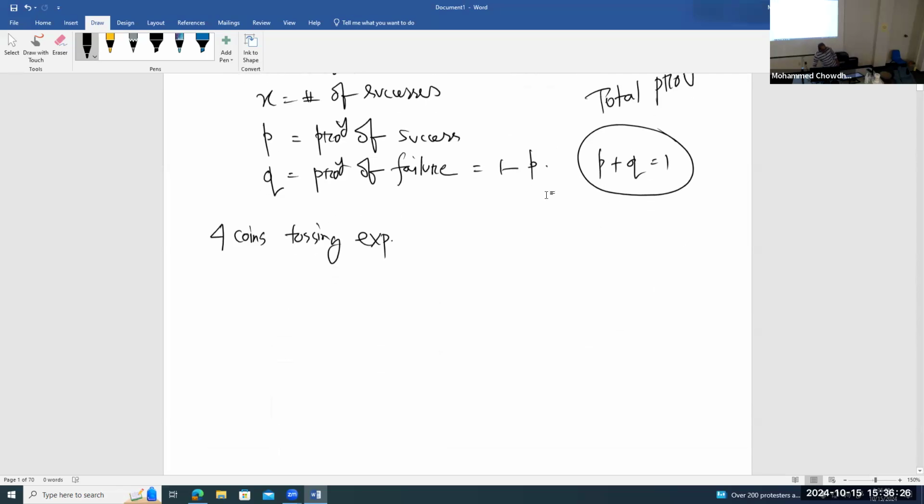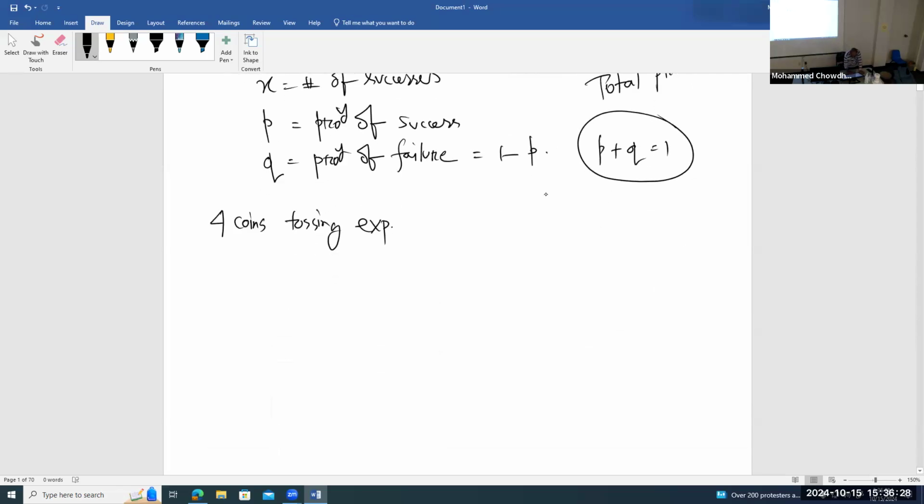In that coin tossing experiment, what I had here was HH, HT, TH, TT, HH, HT, TH, and TT. This is what I wrote. And then I put here X equal to number of heads.